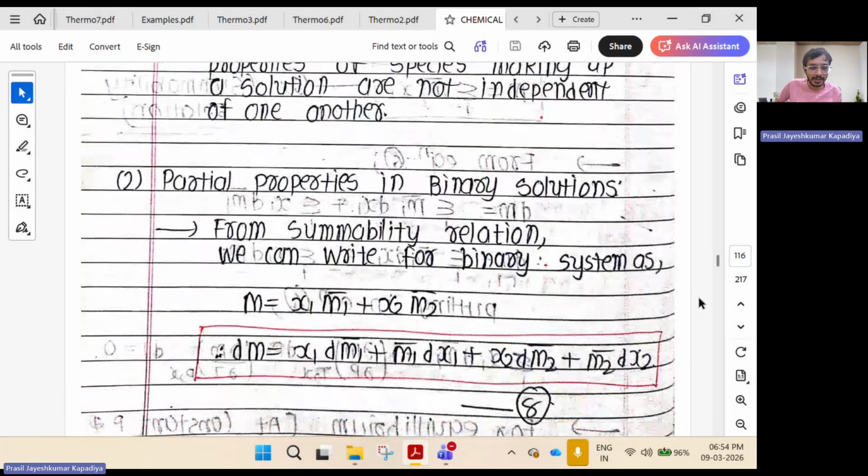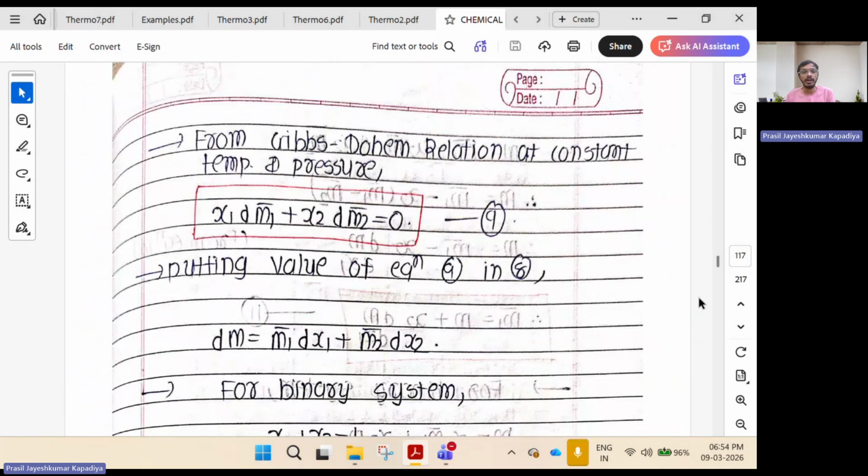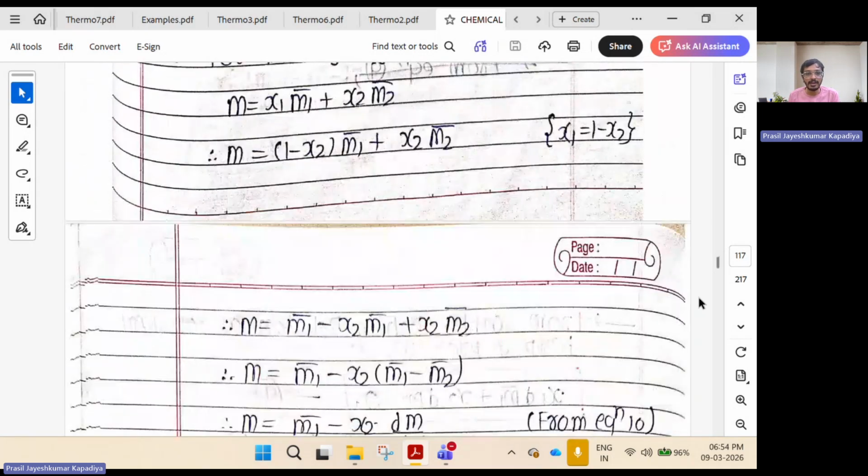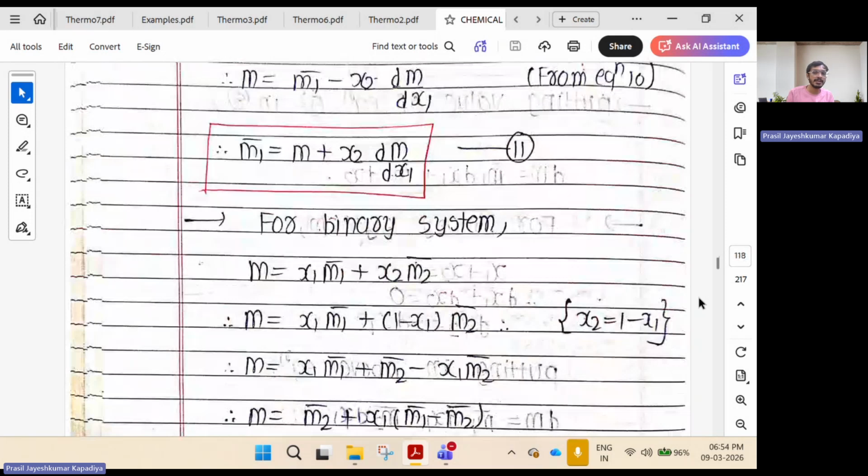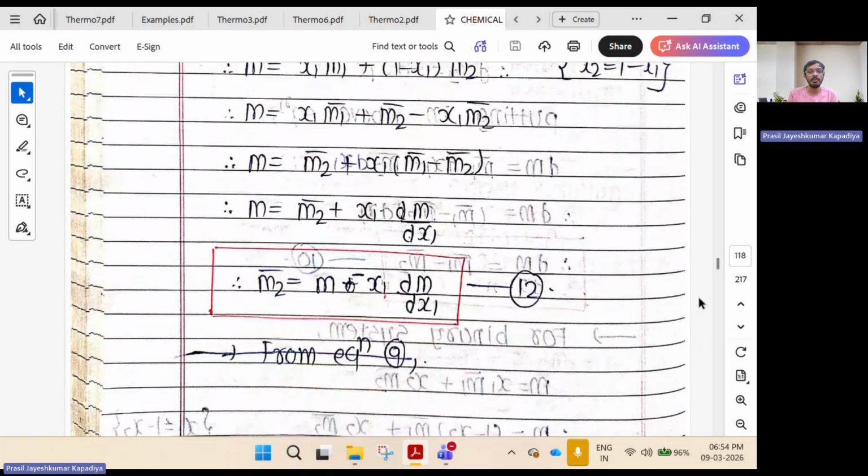Now from that we try to derive how to find M1 bar and M2 bar. So we find that M1 bar will be equal to M minus x2 M plus x2 dM dx1, and M2 bar is nothing but M minus x1 dM dx1. When I plot my total property M with mole fraction x1, I am going to get some intercept.